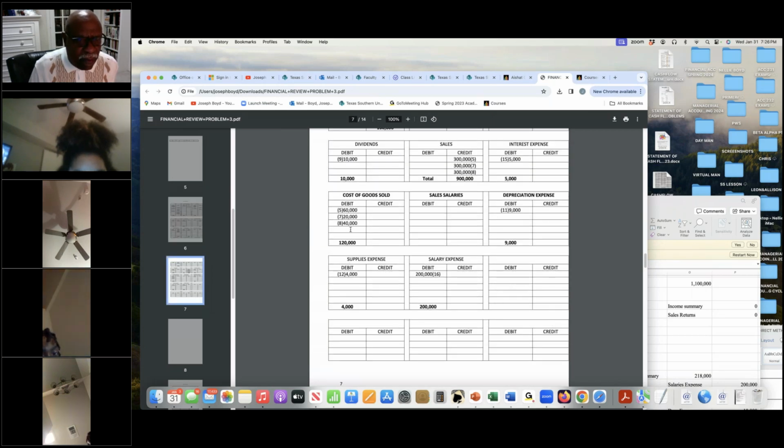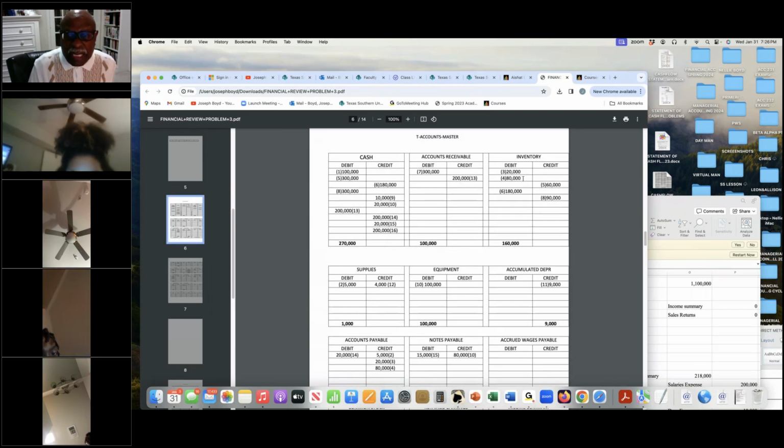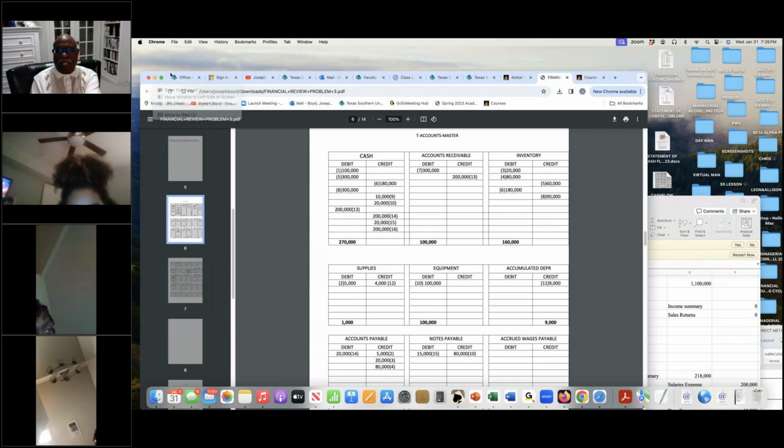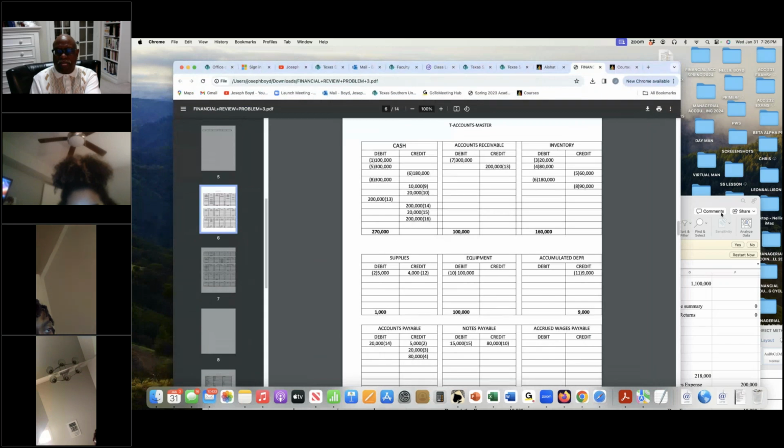If it's 60, 20, and 40 in the journal entry as debits to cost of goods sold, then I need to see 60, 20, and 40 as credits to inventory. Got it? Yes. So they have to be the same. So are we clear now? Yes, sir. Thank you. Everything's clear now.